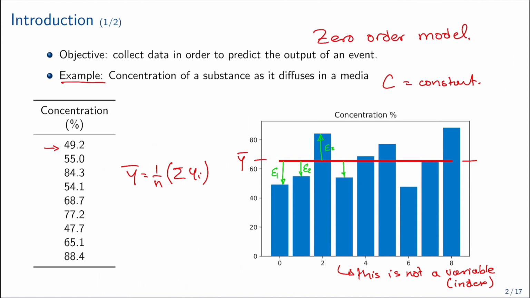That will be the error in each single case. We do this for every one of those measurements, and we add them all. So the error will be equal to the sum of epsilon i.